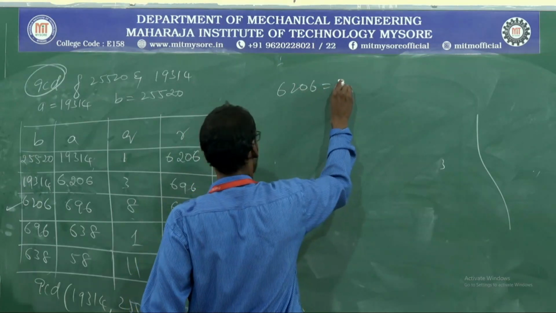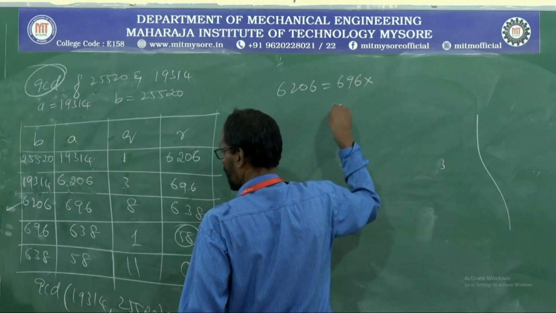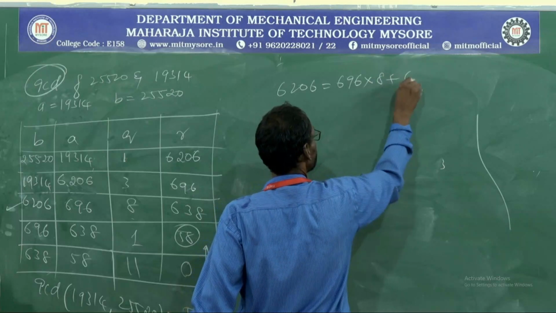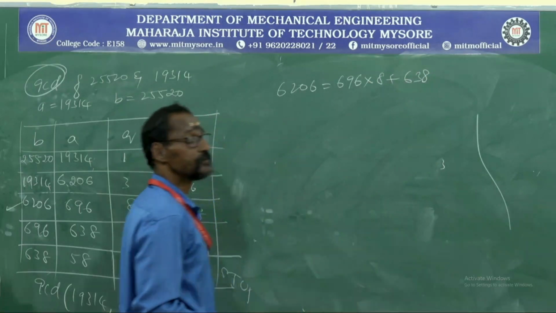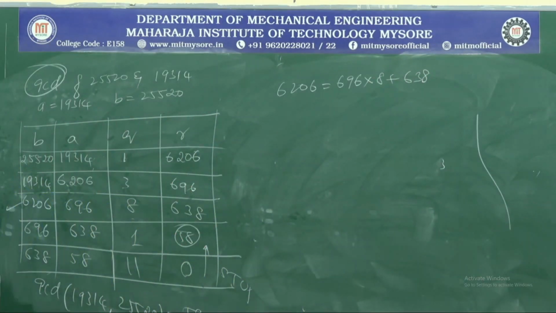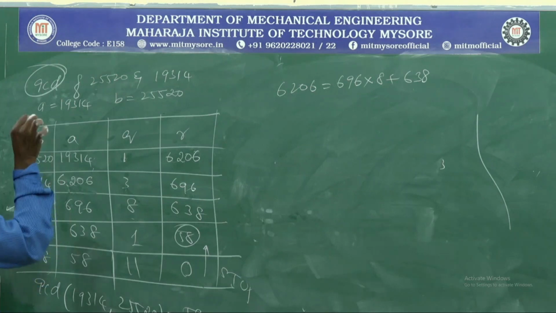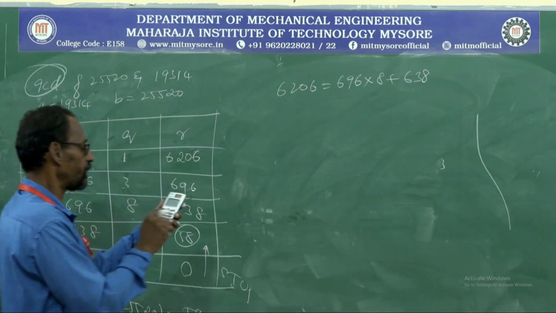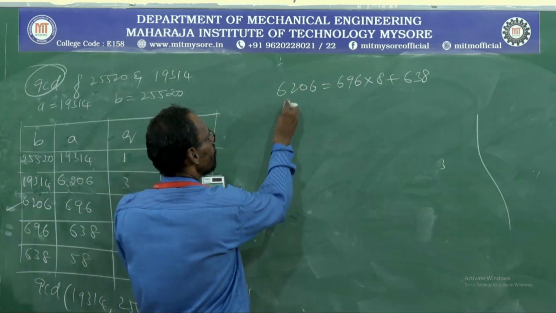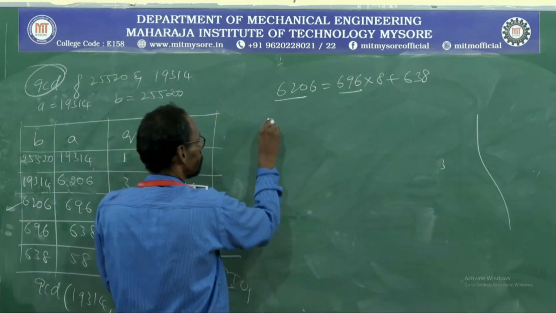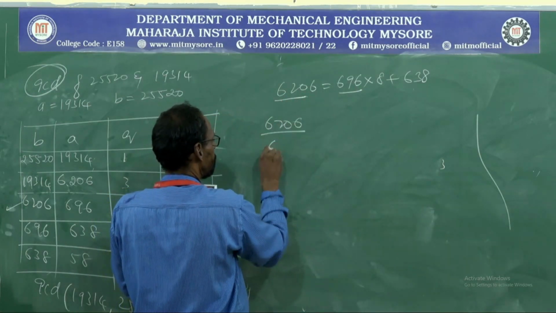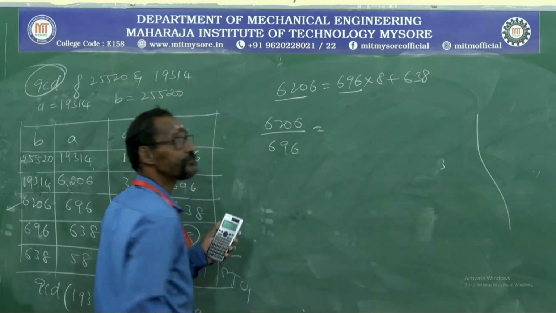I want to express 6206 as 696 times 8 plus 638. It looks simple when I write it, but when you evaluate, it takes too much time. Minimize the time using a calculator. What am I supposed to do? You consider these two: 6206 divided by 696.